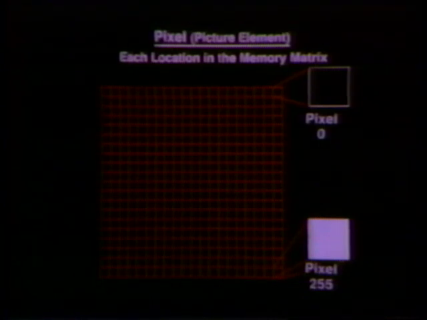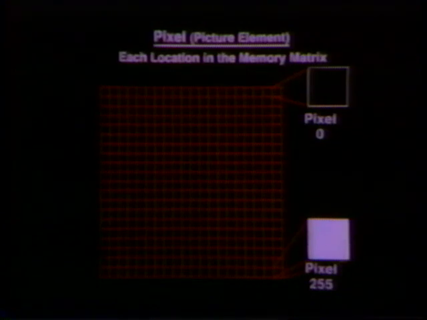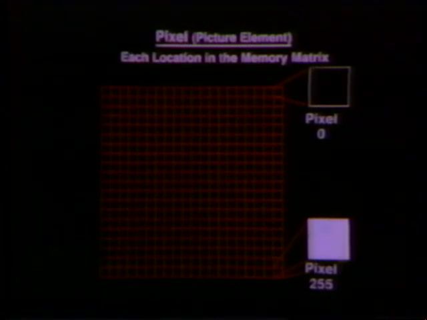Locations where no events interacted with the crystal are assigned a grayscale value of 0, or black, and the location where the largest number of events struck the crystal is assigned a grayscale value of 255, or white.